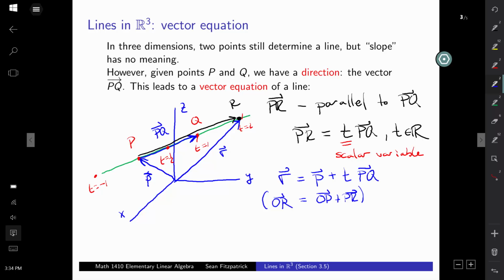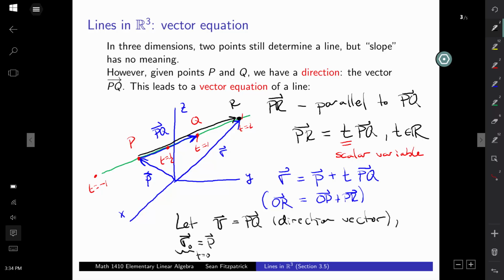So if we let V equal PQ, the direction vector, and often one of the notations you'll see is R naught, R sub 0, to be P. So sort of the position at time 0, so you think of this here as T equals 0.